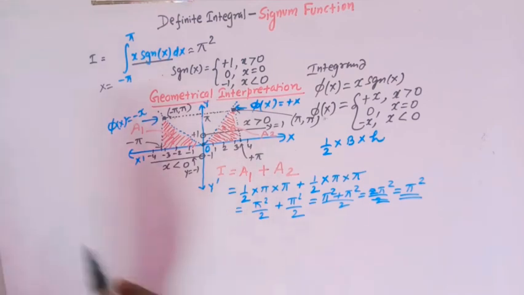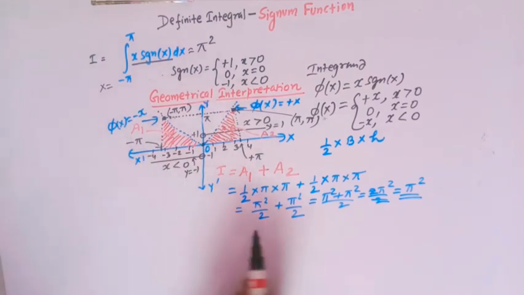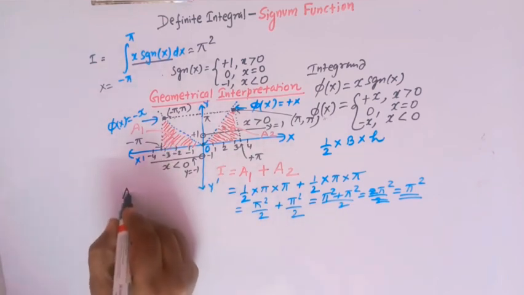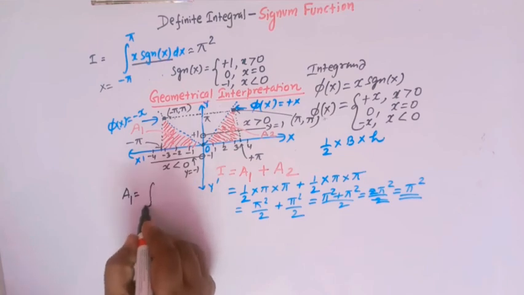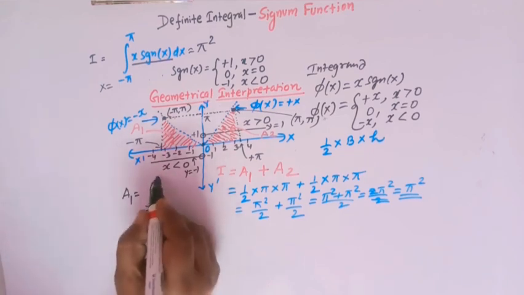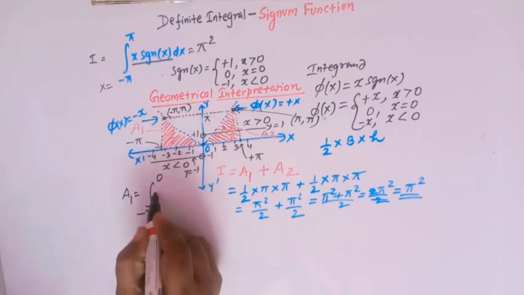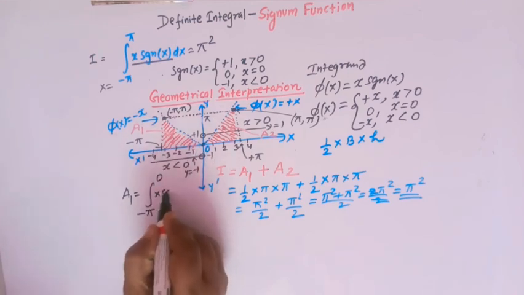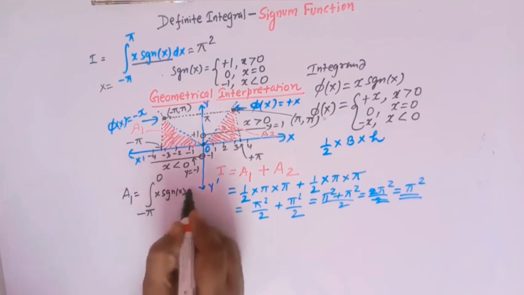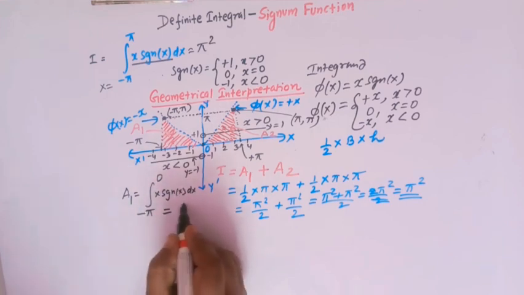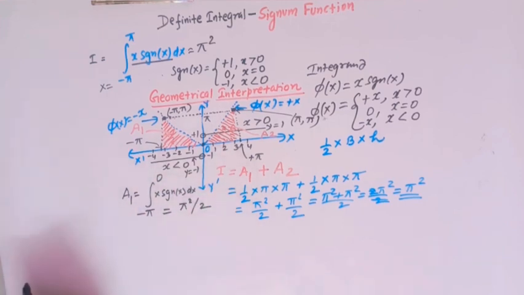So viewers, here we see that the area of this triangle, A1, is given by the integral from minus pi to 0 of x times signum of x dx, and we have calculated that the value of this integral was pi square over 2.